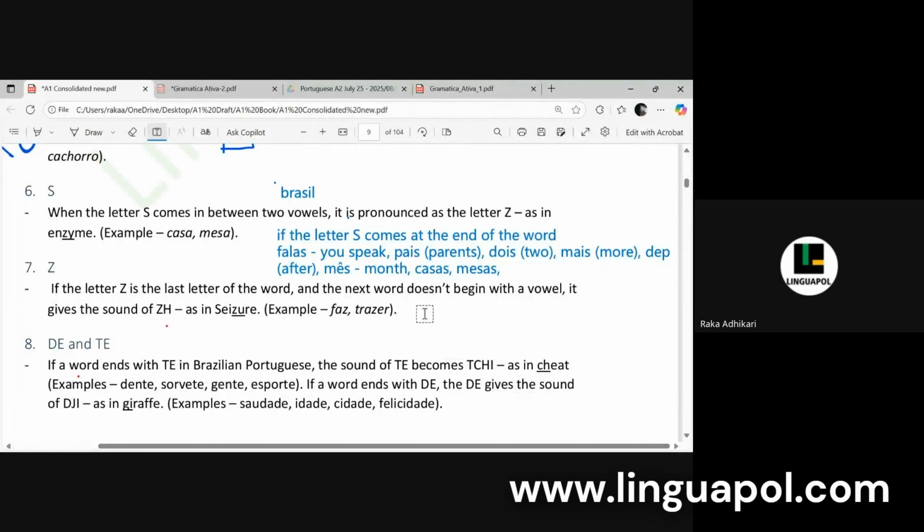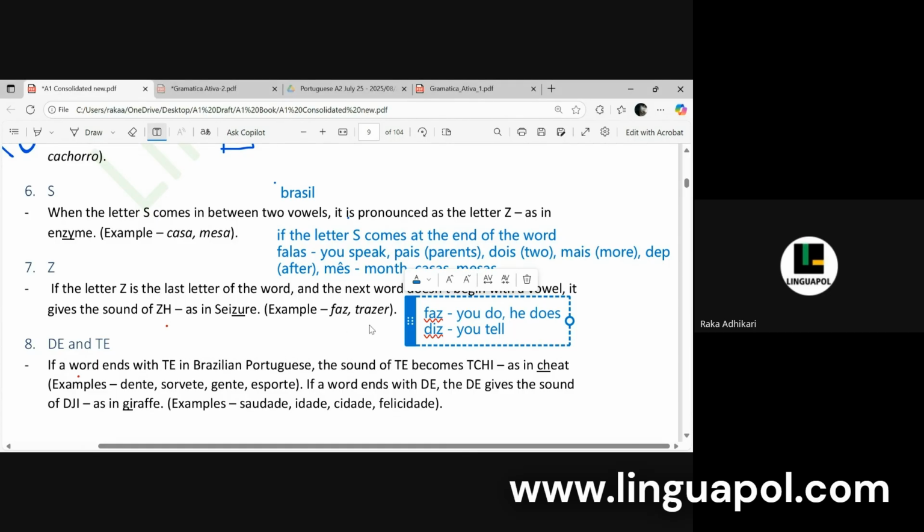Like we have the example faz. Faz means you do or he does, to do basically. Then these, like you tell. Okay. So there are some words like this where the letter Z will come at the end of the word, and there you will pronounce the Z as a softer Z, like a J. Okay.